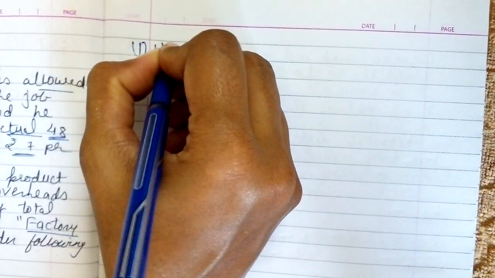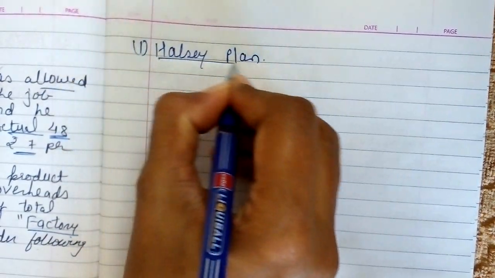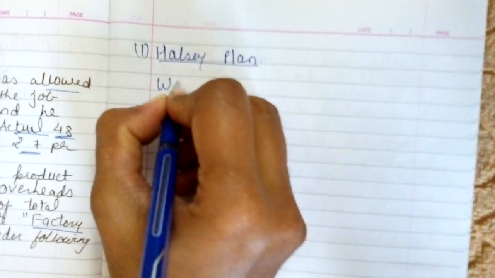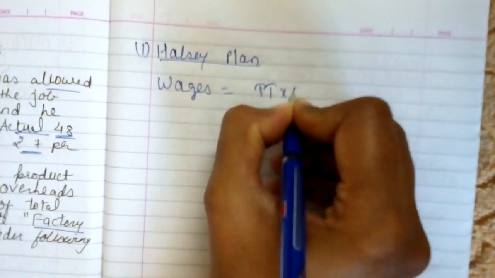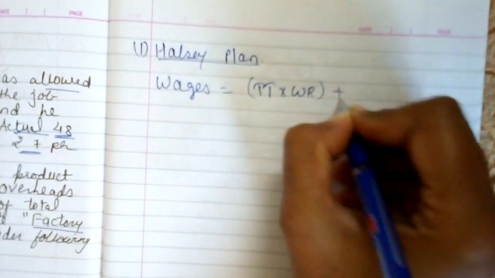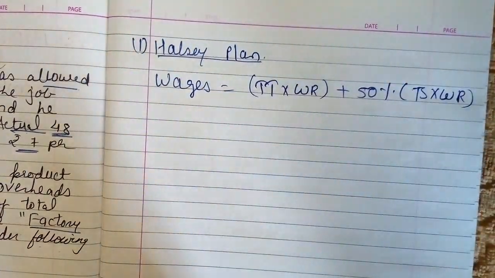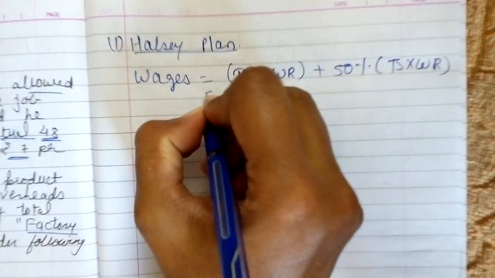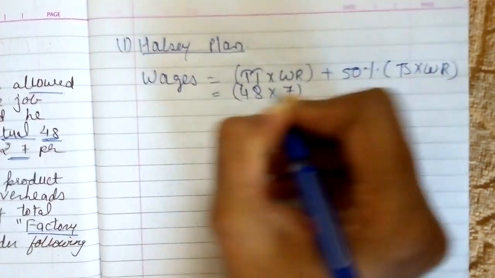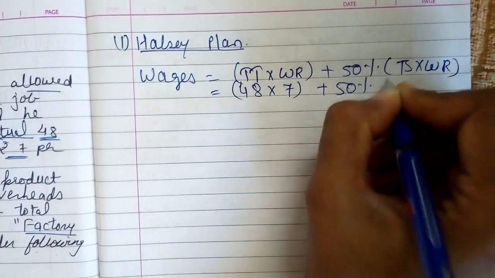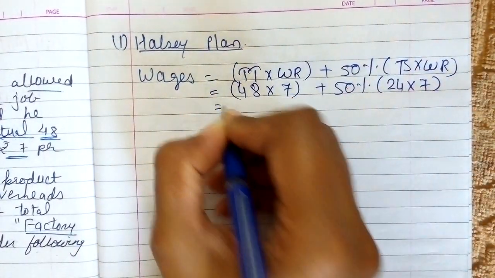So first heading, Halsey plan. Wages equals time taken into wage rate plus 50% of time saved into wage rate. So time taken was 48 hours and wage rate was 7, plus 50% of time saved, that was 24, into wage rate 7.